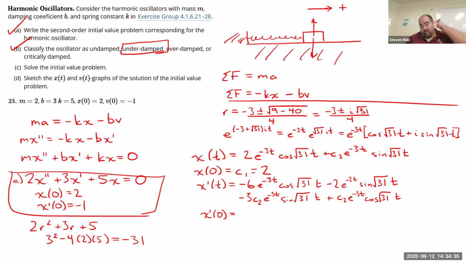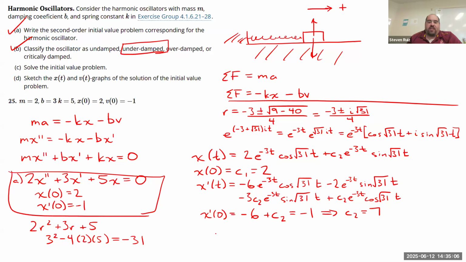And now I'm going to plug in 0 for all that. All that should survive should be the cosine terms. So negative 6 times 1 times 1, so negative 6, minus 2 sine term, sines go to 0, plus c2 equals what? Negative 1, which means that c2 equals 7.